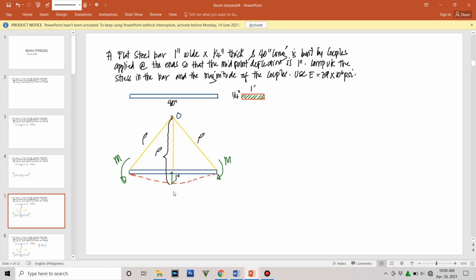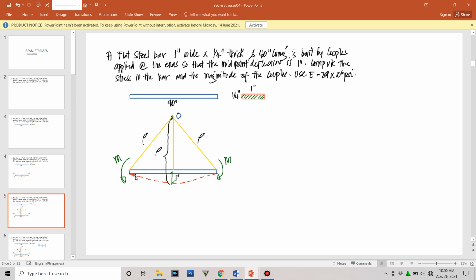So we should note that when we have a bending stress, of course there will be a radius of curvature, and that radius of curvature is referred to a point of origin in here.